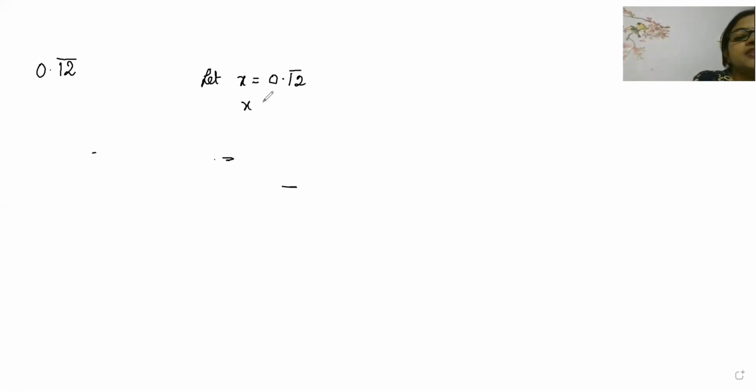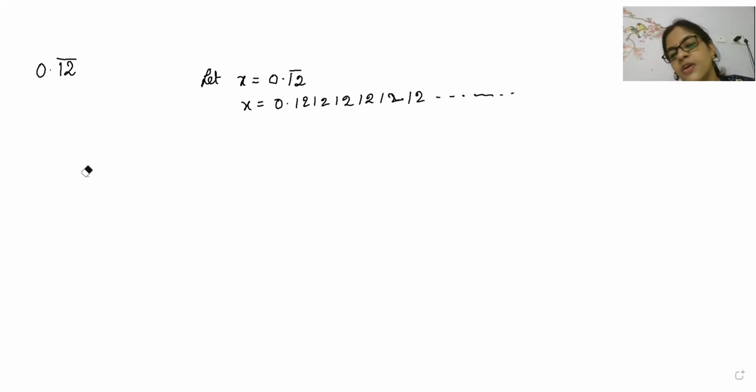So it becomes x is equal to 0.12121212, and it keeps on repeating. Now this will become equation 1.